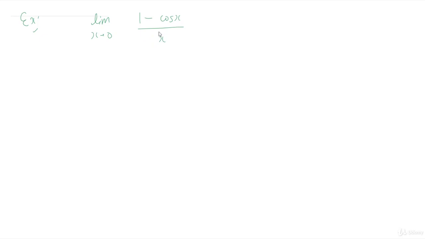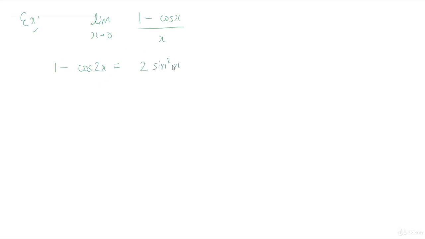First, we need to be clear that there is an identity: 1 minus cos 2x is equal to 2 sine square x.